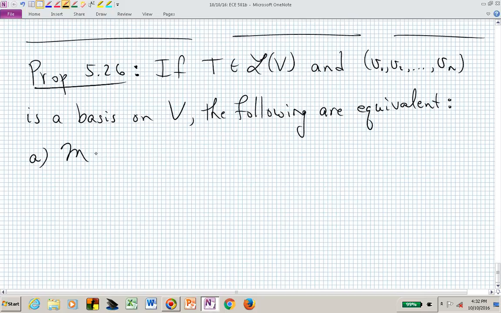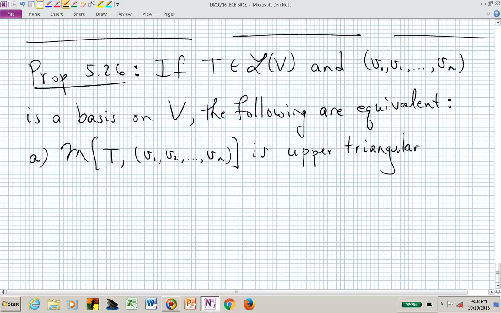A, the matrix representation of T with this basis V1, V2, up to V sub n is upper triangular. And I may start abbreviating that as UT.